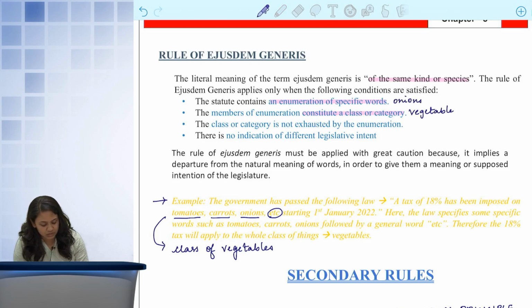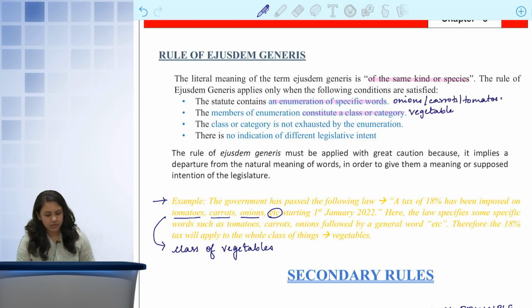Onions, carrots and tomatoes. Correct? Three, the class or category is not exhausted by the enumeration. Are there only 3 vegetables in all the vegetables that we are aware of? Obviously not. So, these 3 do not represent the entire class, but rather they represent some items in the class of vegetables.